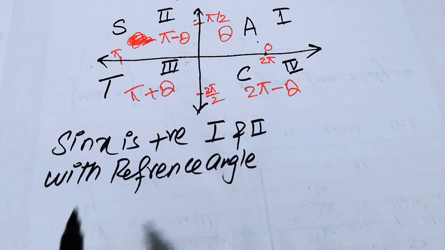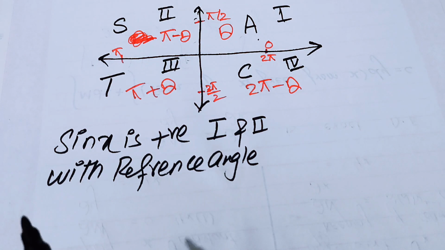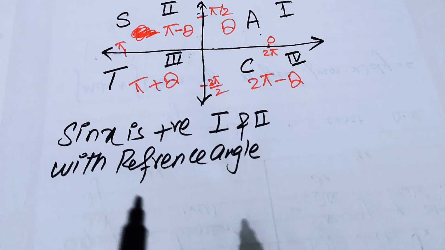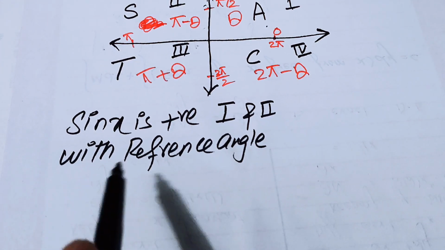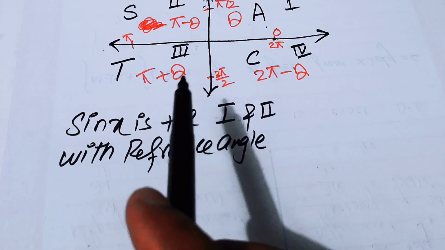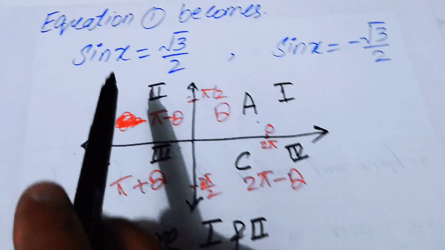We will always take the reference angle as a positive angle. If you have a negative sign, when we take it into the reference, we just take it positive, because a reference angle must be a positive angle, or the angle in the first quadrant. So the reference angle lets you find the value of this sin x.